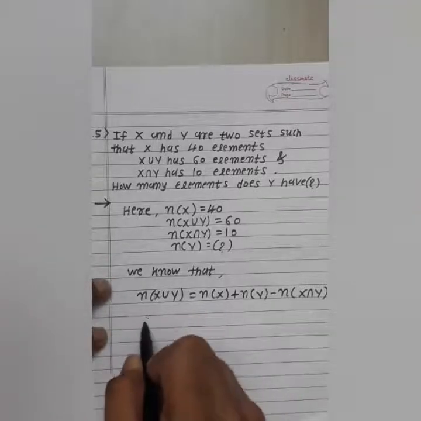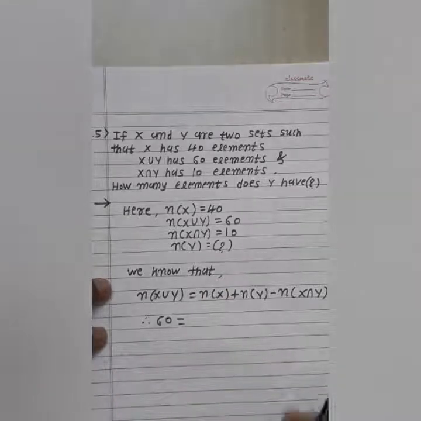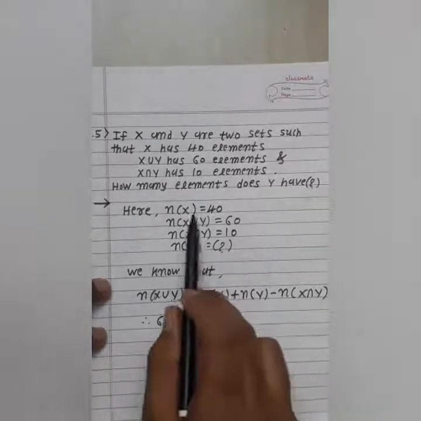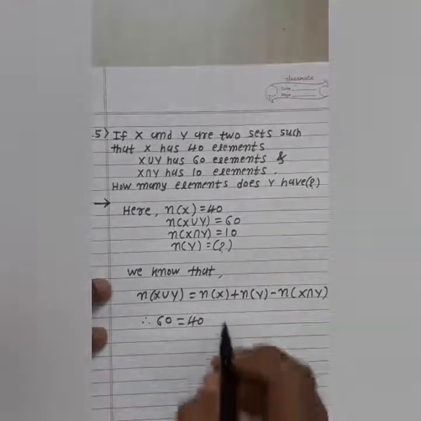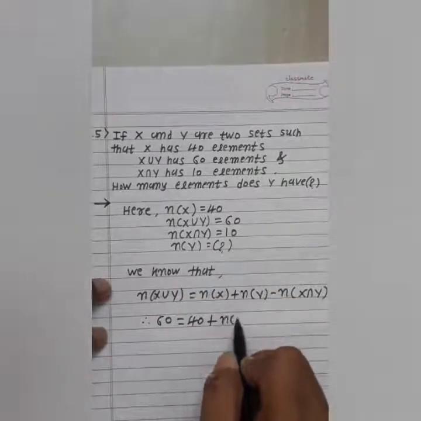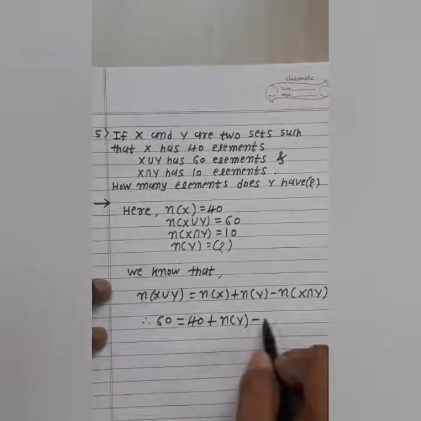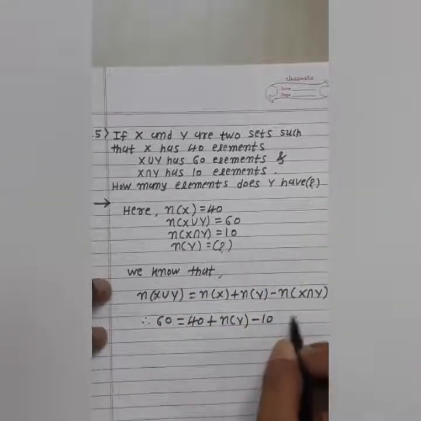In place of n of x union y we write 60, which is equal to 40 plus n of y minus 10.